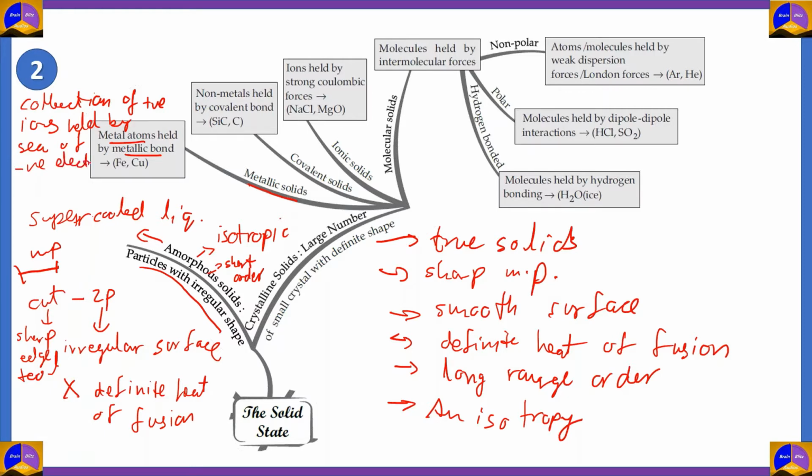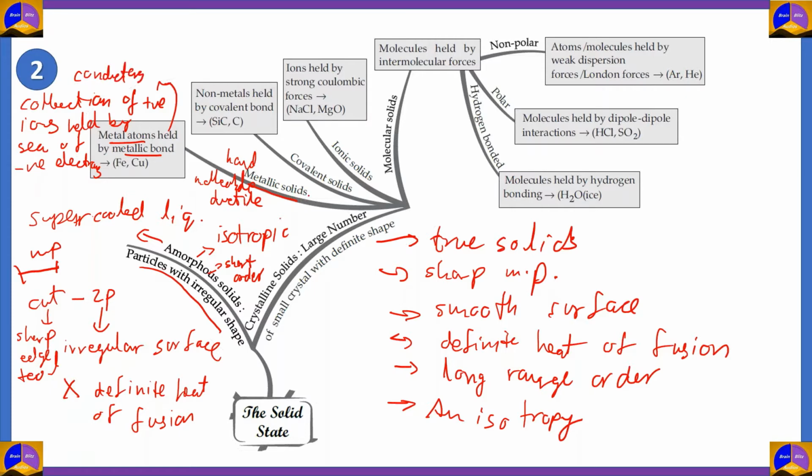And these negative electrons are mobile and they are free. Now, metallic solids are usually hard, but they are also malleable and ductile, just like the properties of metals. And metallic solids are also known for being good conductors.